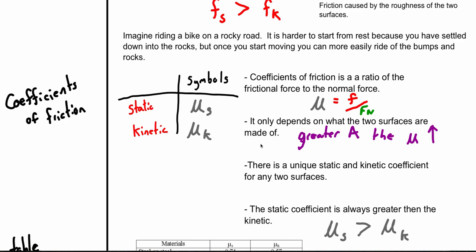If you had two objects, let's say a small wood block on a cement surface, and you make that wood block a bigger surface area, you might think the coefficient increases, but that is not the case. The coefficient only depends on the two surfaces that they're made of.